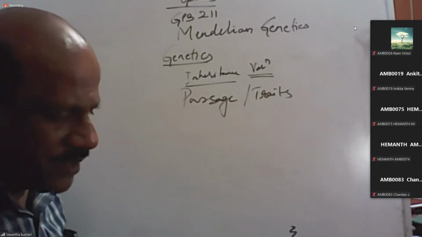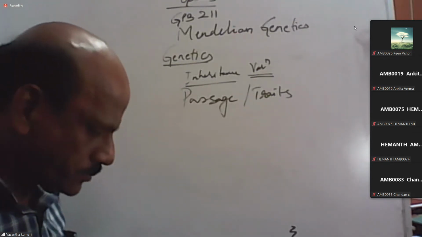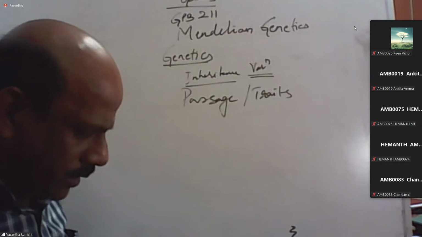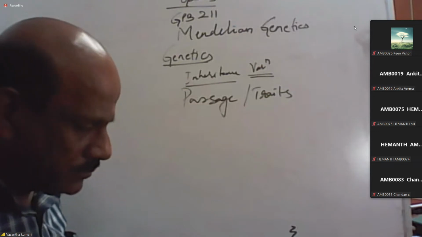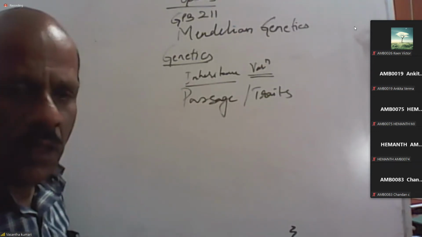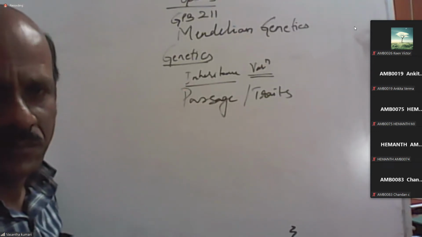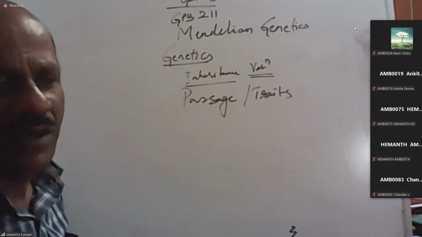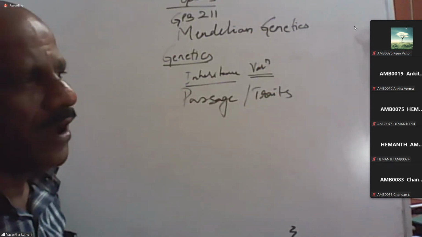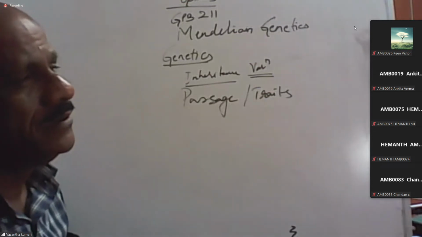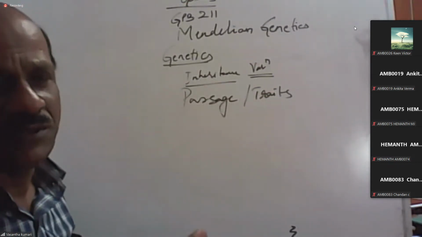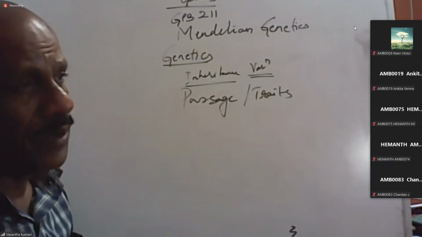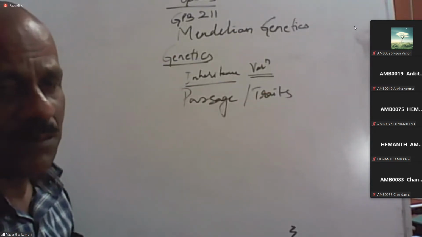Now, when I say differences that you see for a character, let us say mother is brown-eyed, father is black-eyed, they have children. Do you think all the children will have brown eyes? Or will they have black? Or will they have something different from brown and black? Is there a possibility?